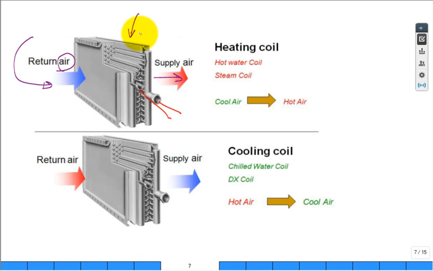Okay. Likewise, in a cooling coil in the middle of summer, chilled water comes in and then it goes out, returns. That chilled water is still cold when it goes back to the energy plant, but it's a little warmer than what it came out of the plant. All right. They'll talk about a different DX coil.